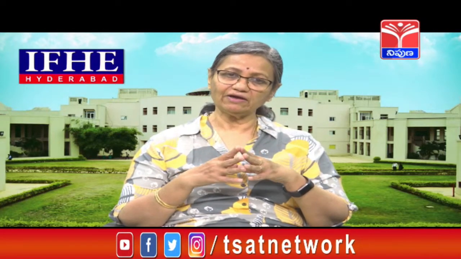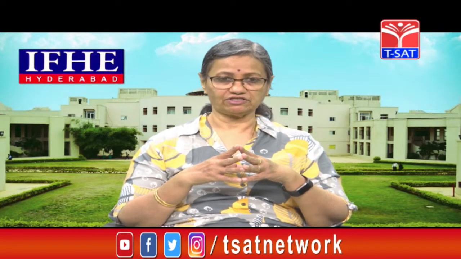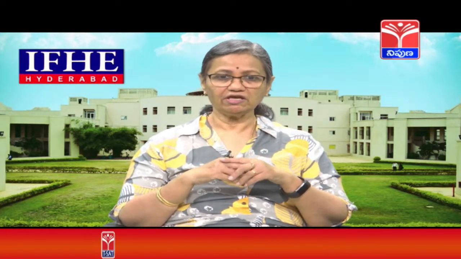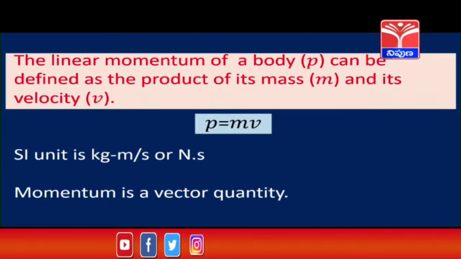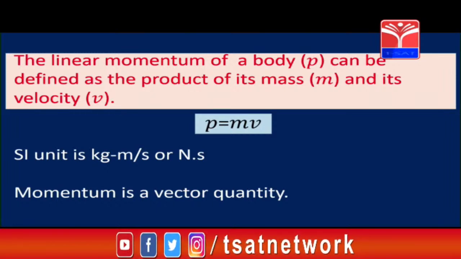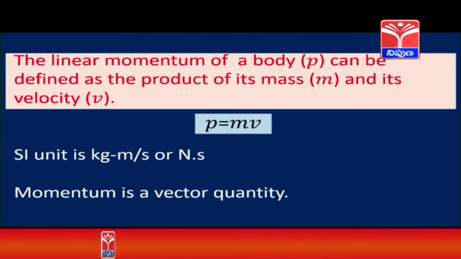You know, a vector will have both magnitude and direction. So, look at that equation again, p equal to m into v. m is a positive quantity, it is a scalar, mass can never be negative. Therefore, you can see that p and v will both be having the same direction, or the momentum of a body will have the same direction as its velocity.